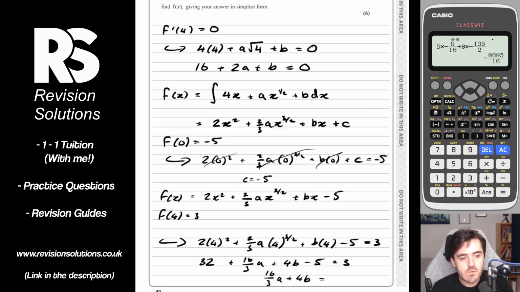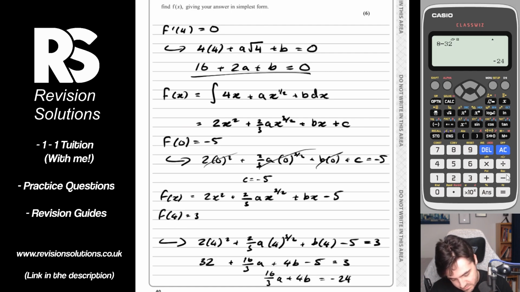My brain's frozen for some reason, so I'm just going to put that in a calculator. 8 minus 32. Oops. It's minus 24. Cool. So now we have two equations, one from the very start and this one we just got, and two variables, so we can solve for a and b.